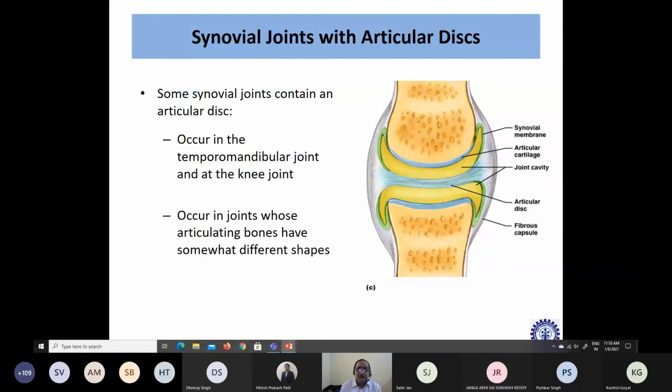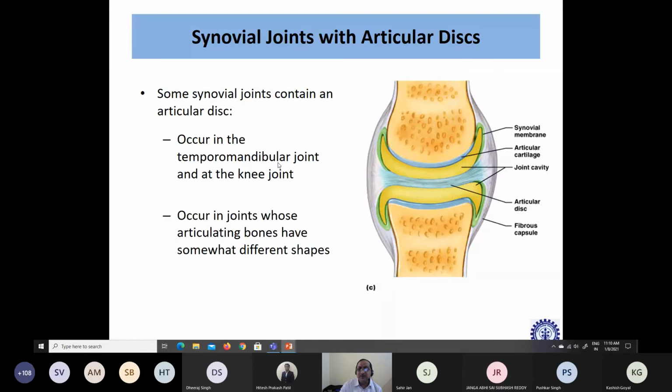Now, synovial joints with articular discs. So some synovial joints actually contain an articular disc. So these are some exceptions. This occurs in the temporomandibular joint and at the knee joint.